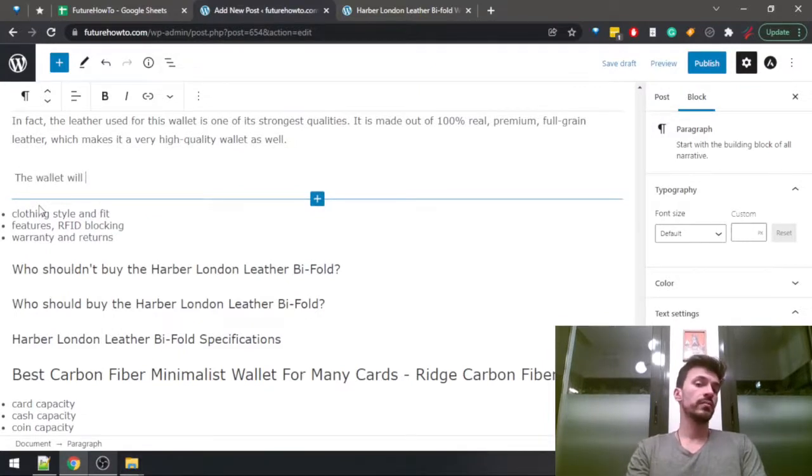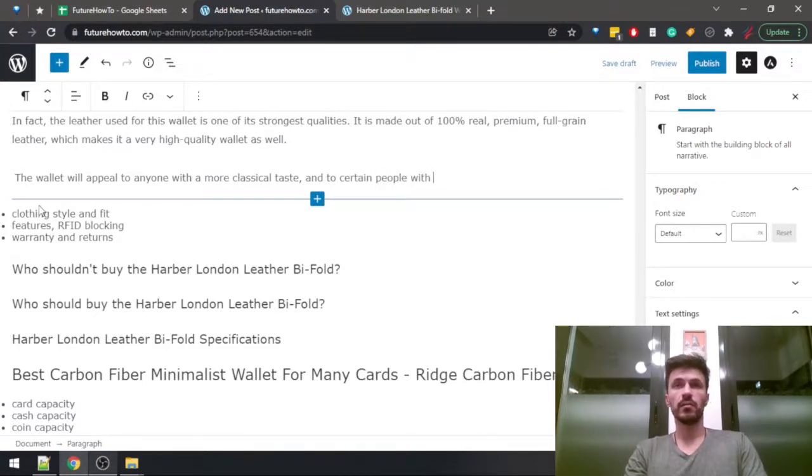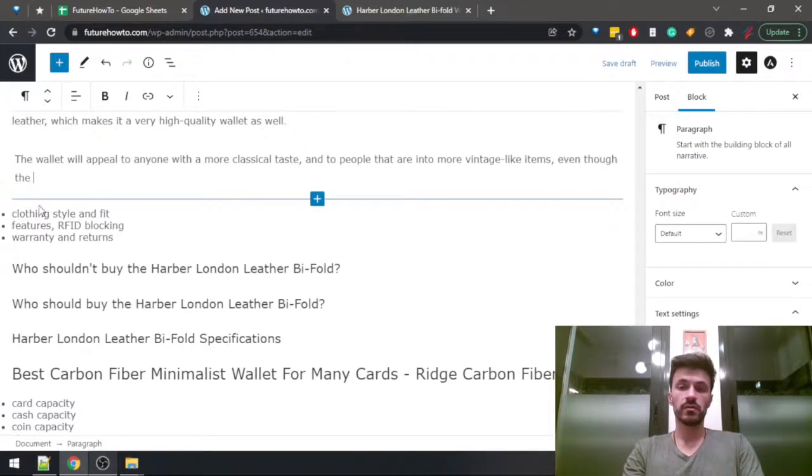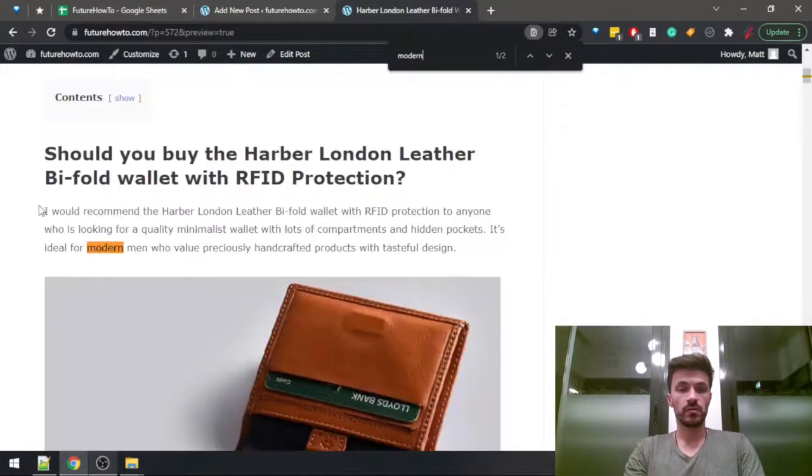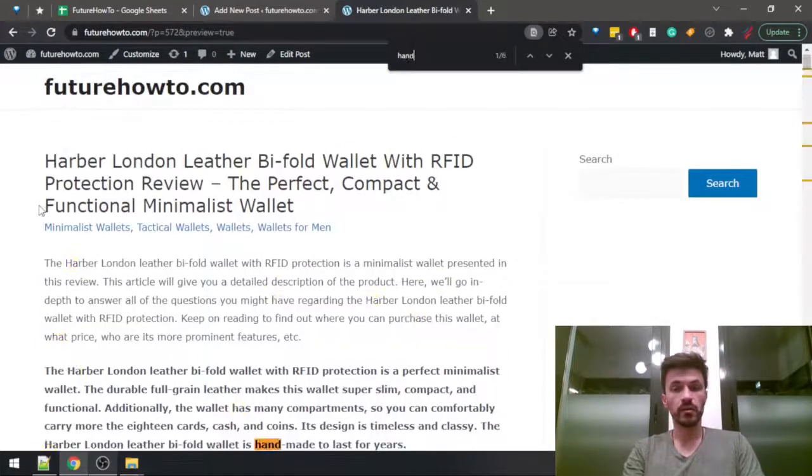The wallet will appeal to anyone with a more classical taste, and to people that are into more vintage items, even though the... handcrafted. Oh, okay, that's interesting.